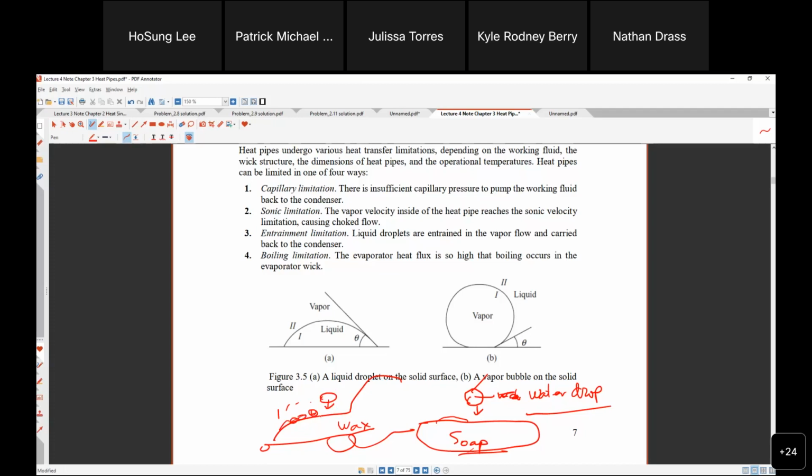On the wax, it's not wetting, it rolls, so that it maintains the cleanness. Wax prevents stains from forming on the car. Make sense? So some properties we use, believe it or not, surface tension is very important. It's a matter of contact angles.